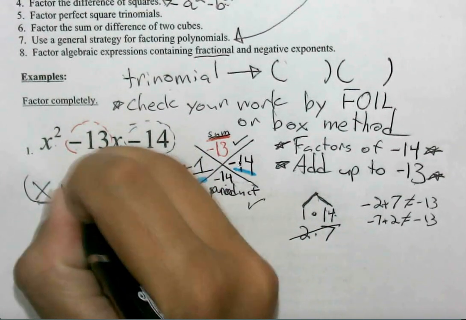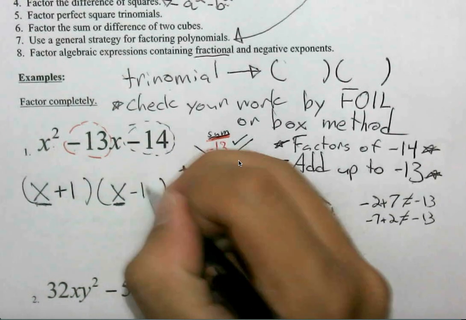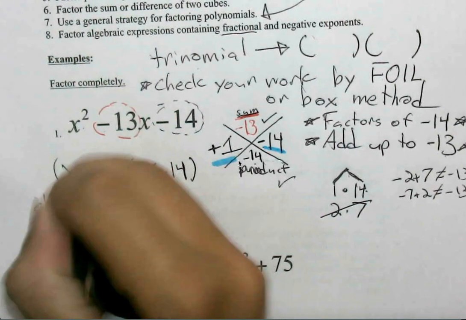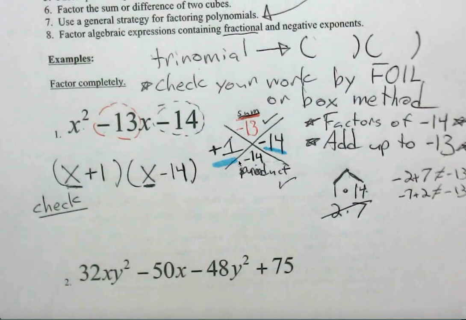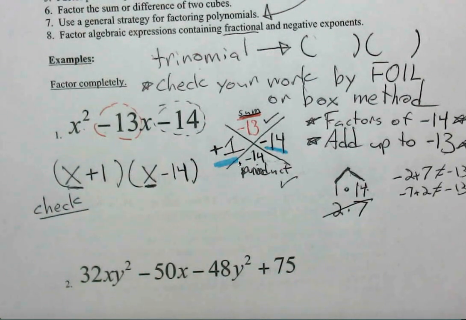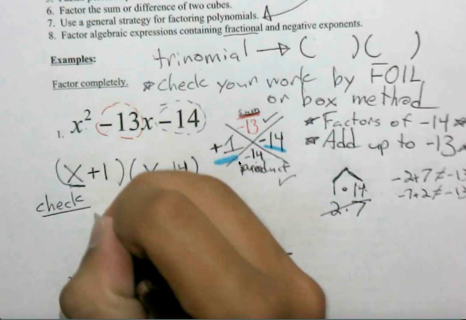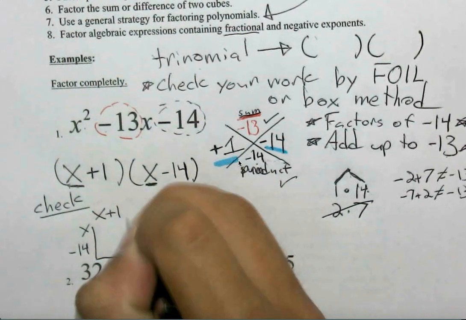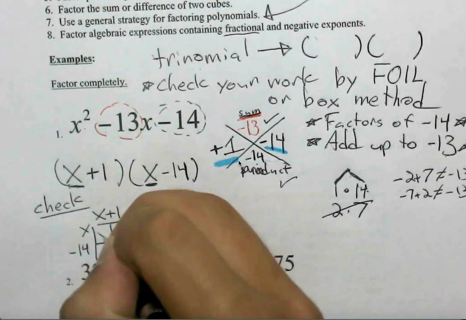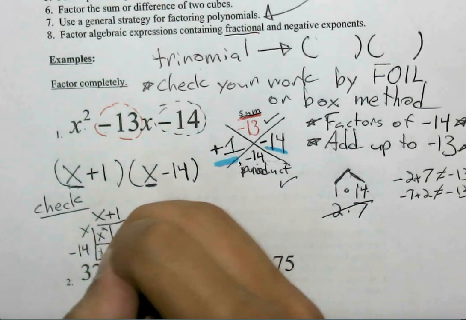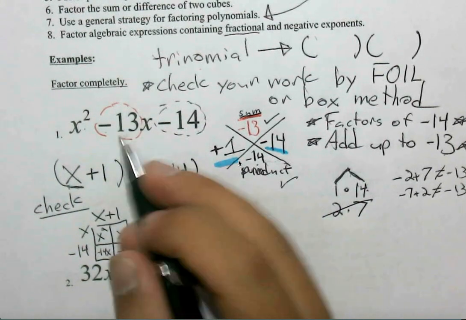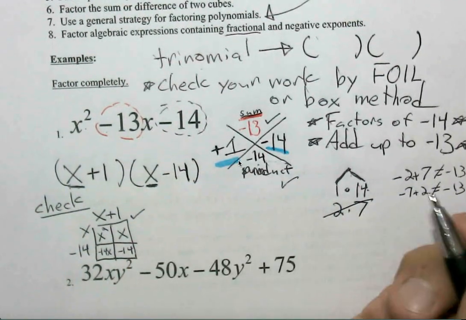So we see positive 1, negative 14. And let's check our work just so that we know we can do it. It might seem like an extra step to check your work. When you're really good at these, you can just give a visual check, but for now, we'll check it. So we know we have x plus 1 multiplying with x minus 14. If we take all of these products, we have x squared, x, negative 14x, negative 14, and combining the x terms gets us that negative 13x, so our check is good.